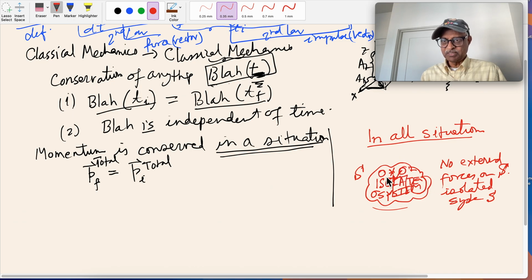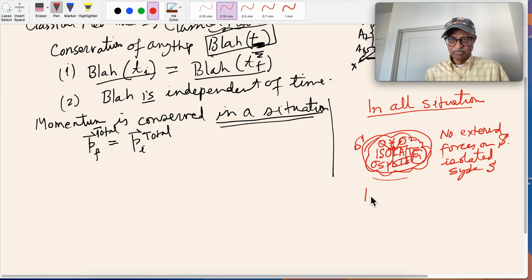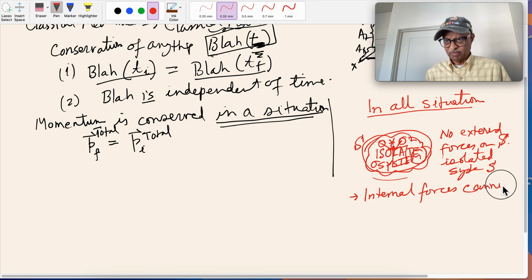There may be internal forces, but they do not change the momentum of the whole thing. So basically, the claim is that internal forces alone cannot change the total momentum.